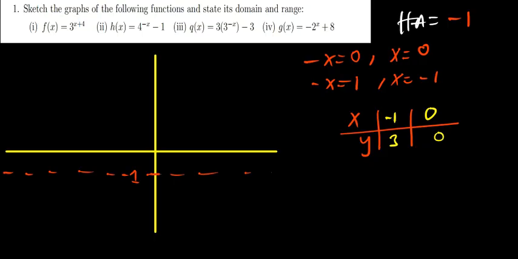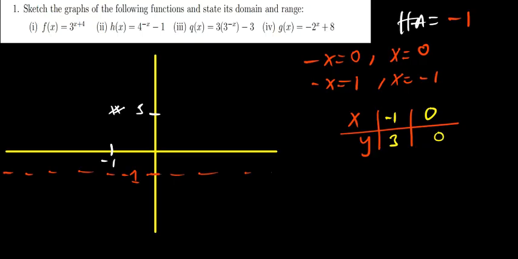Once I do that, another thing I have to do is x is negative 1, so I'll put negative 1 here, and 0. In y, we have got 3 and 0. So 0 is here, then I've got 3 here. Let's say negative 1 comma 3 is there.